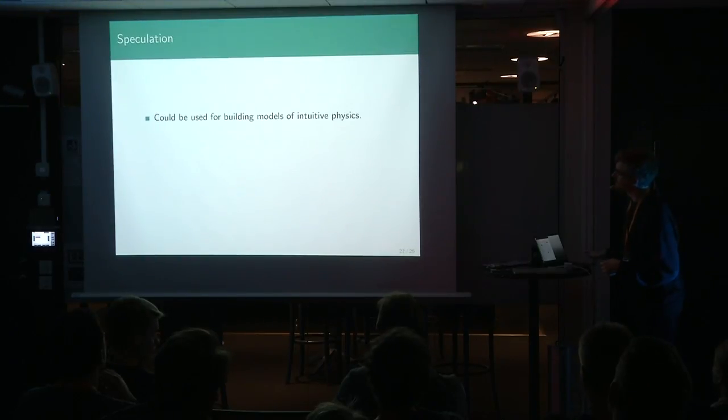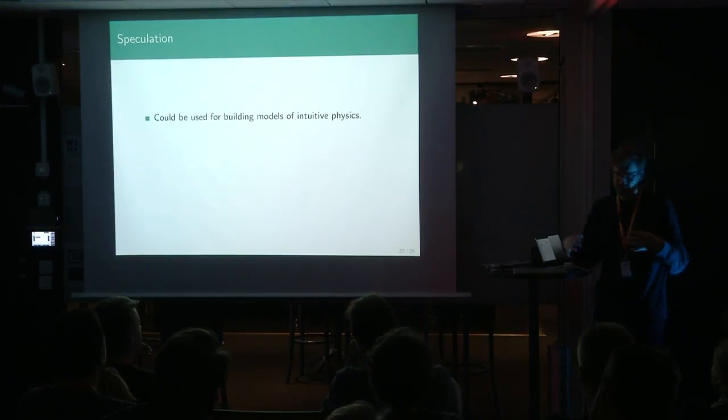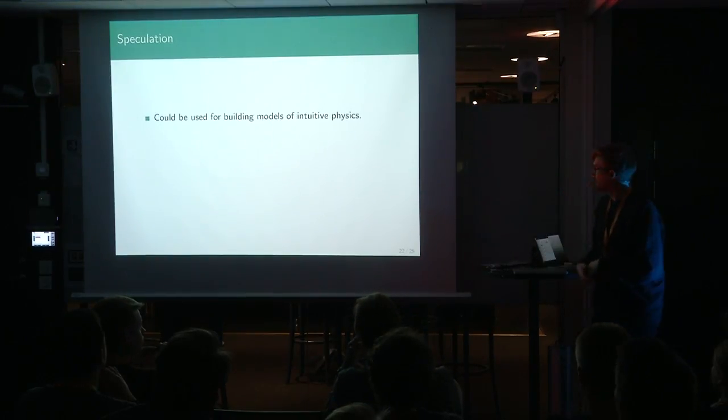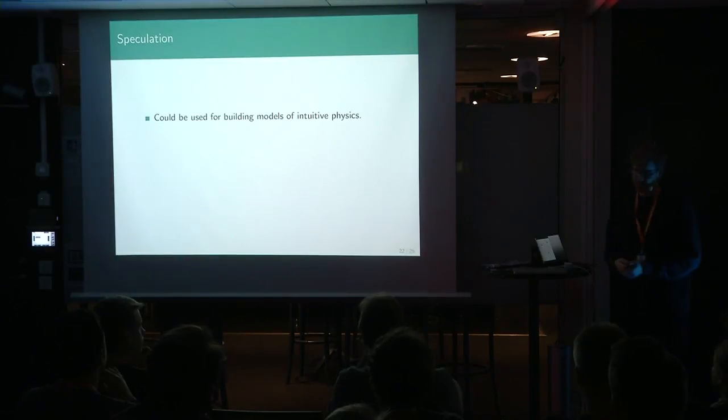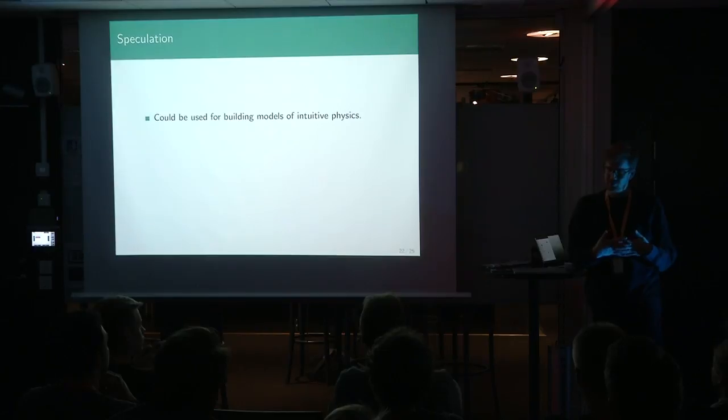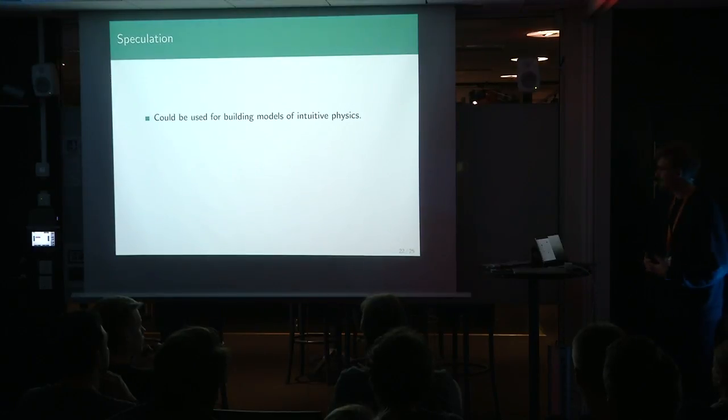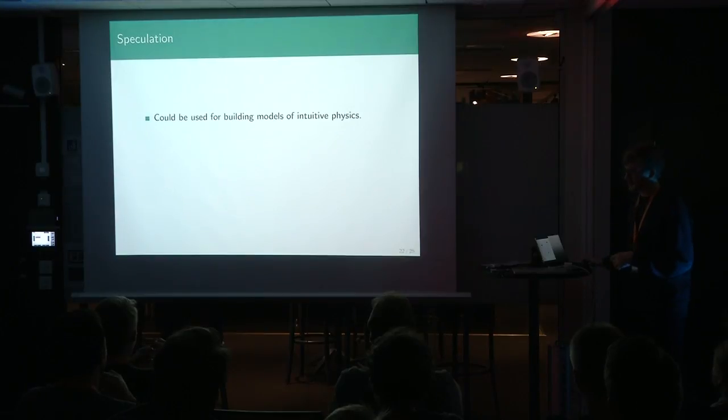Yeah, some speculation. It could potentially be used for building models for intuitive physics, since you can use it for image inputs and stuff like this. There's some research in that area, I think.